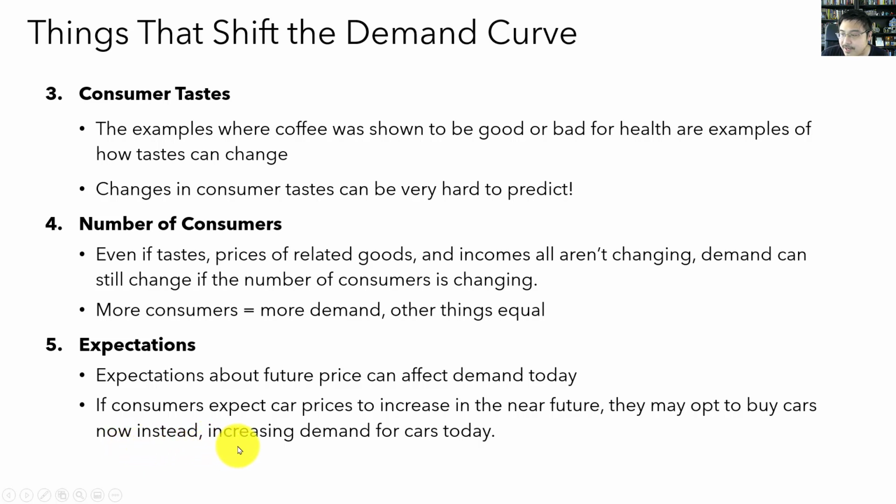And that would affect the demand for cars today. So in economics, there's always a very interesting interplay between what happens in the present and people's expectations about the future. We won't talk too much about how to think about expectations in this class, but just keep in mind that expectations about the future can affect demand and supply curves in the present.